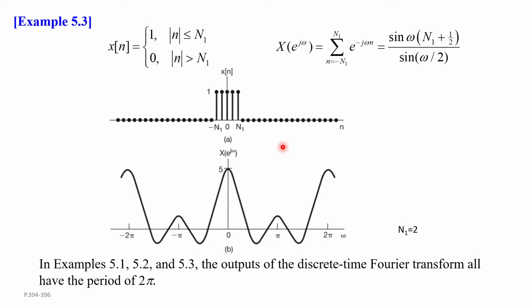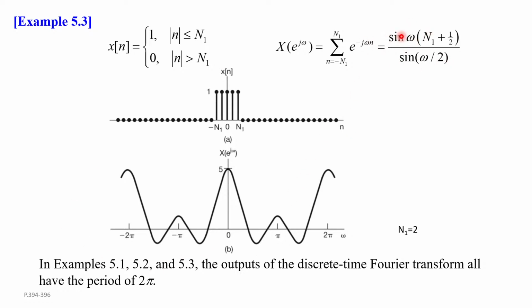Then let's go back to our favorite example of the square wave function once again. So x[n] is the square wave function from minus n1 to n1. Our frequency response will look like a sinc function, but not quite, because it needs to be periodic.